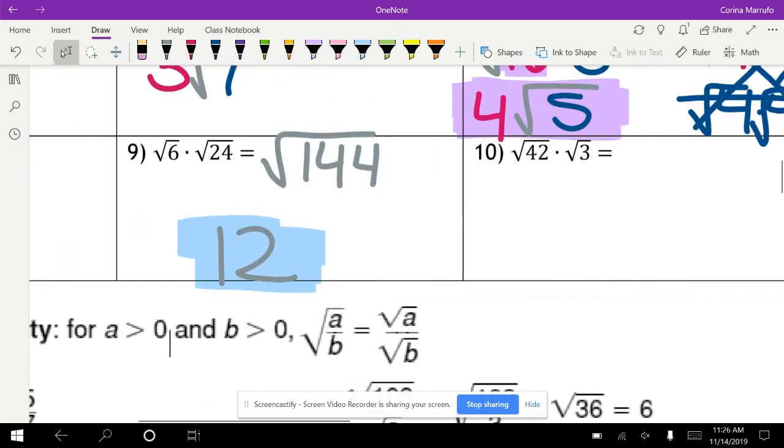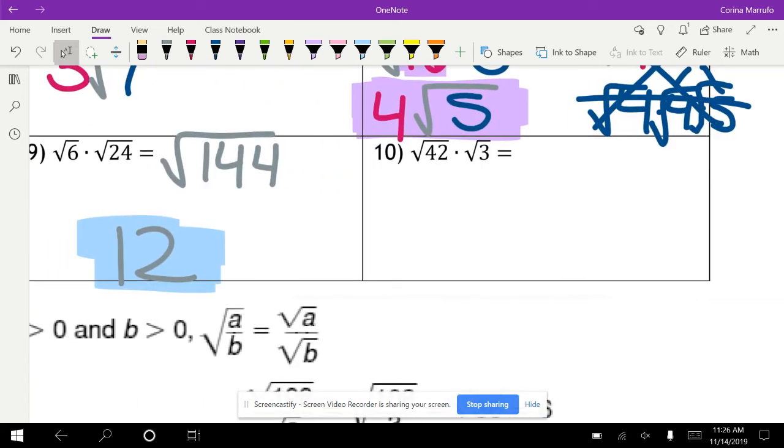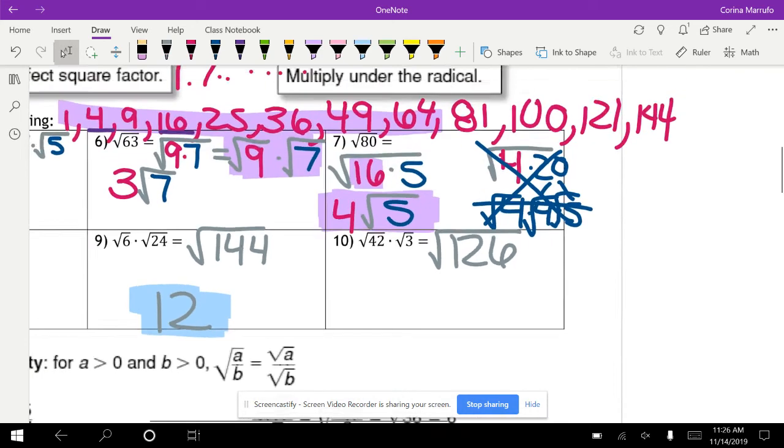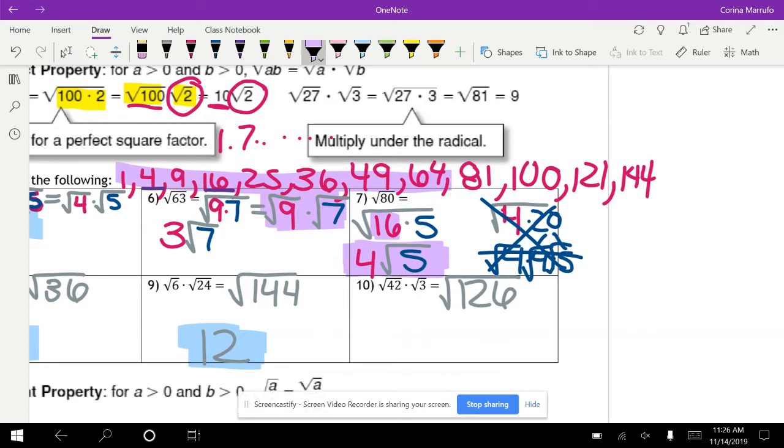All right, and then the next one, we have 42 times 3. So 42 times 3 is 126. Now, unfortunately, 126 is not a perfect square, but we can reduce that. So we look to see what numbers multiply to give us 126. Remember, one of those numbers has to be these numbers up here, okay?